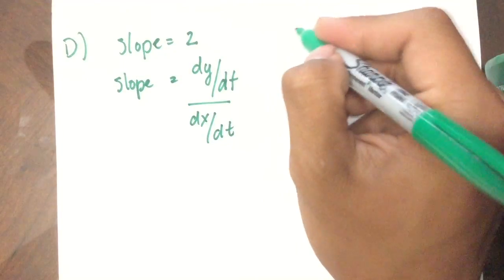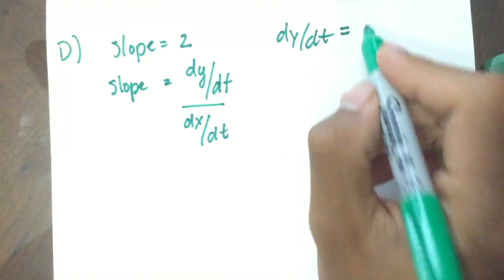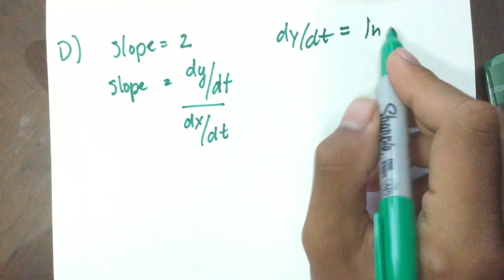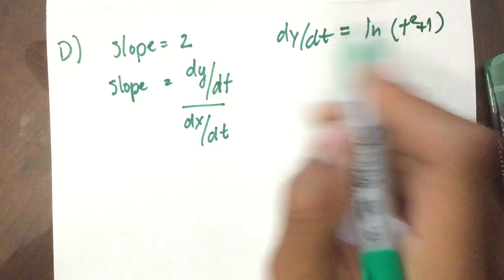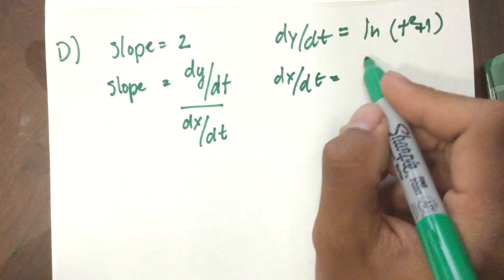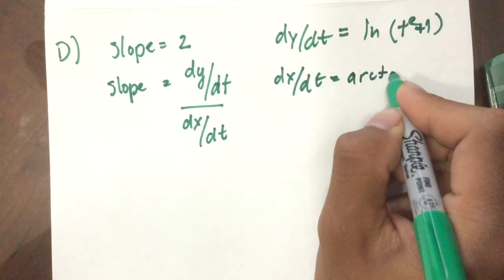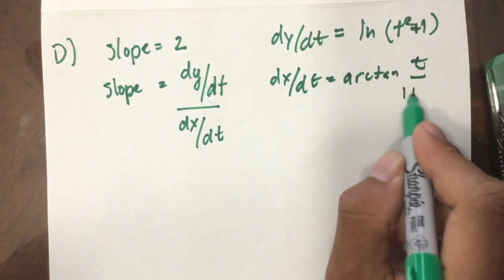The problem tells us that dy/dt is equal to ln of t squared plus 1, and dx/dt is equal to arctan of t over 1 plus t.